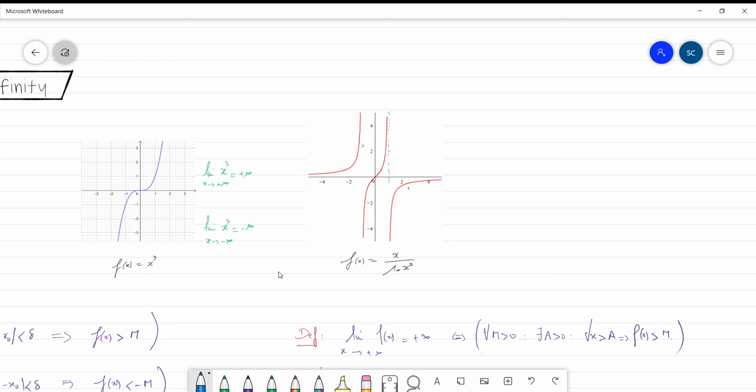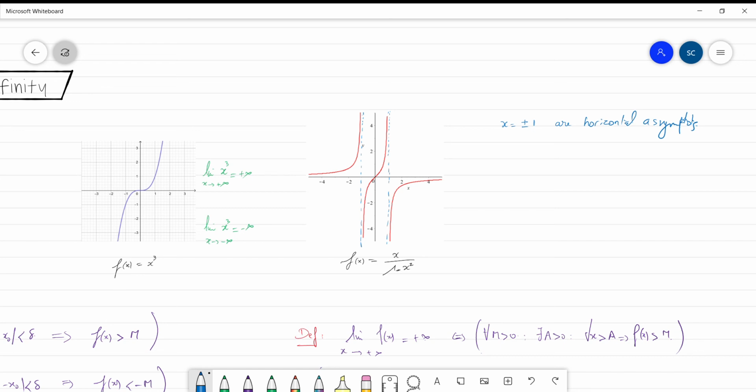So visually, without calculating limits, I can say that x equal plus or minus 1 are asymptotes, and they are vertical asymptotes.